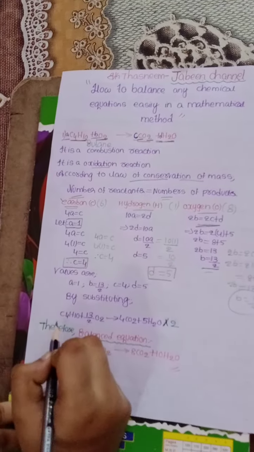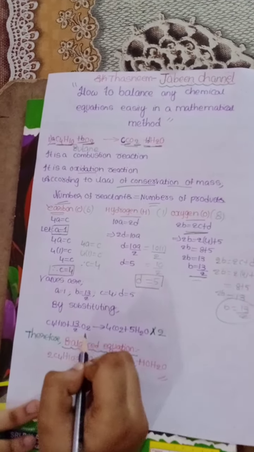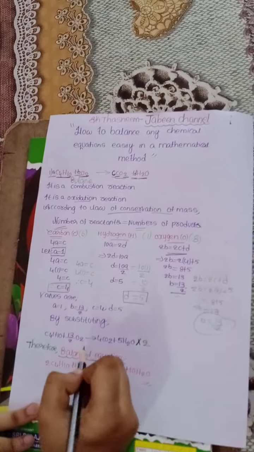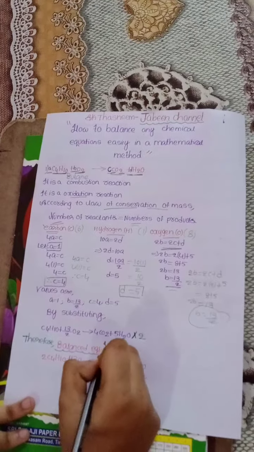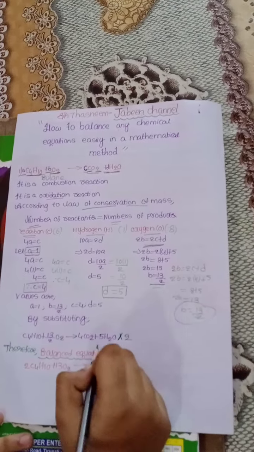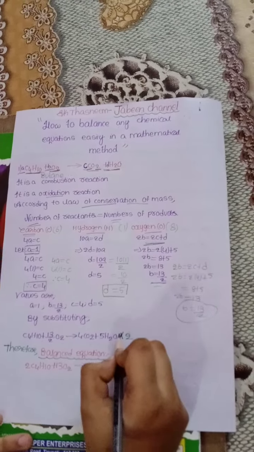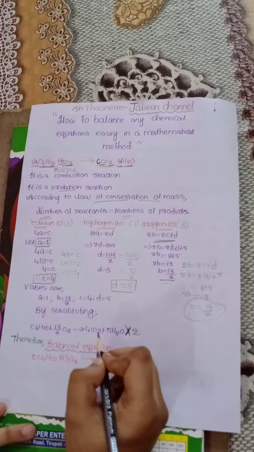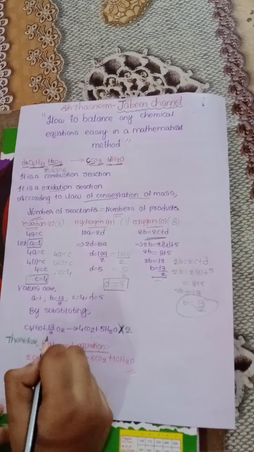equation, it becomes C4H10 plus 13 by 2 moles of oxygen gives 4 moles of carbon dioxide plus 5 moles of water. This is our equation after substituting the values.